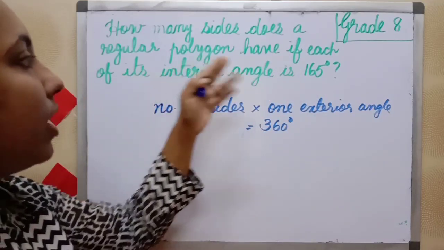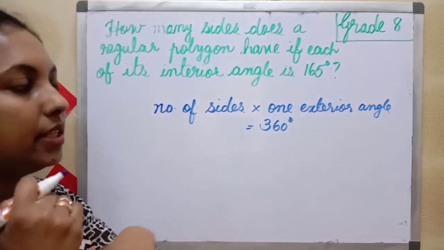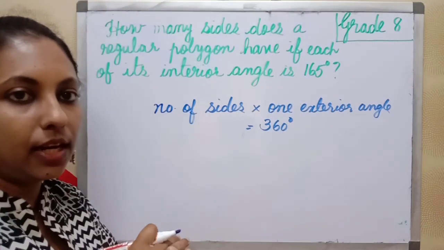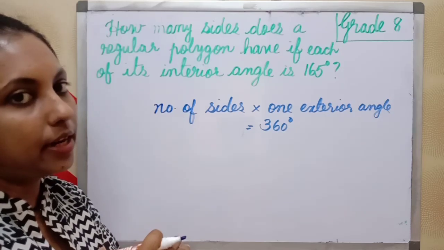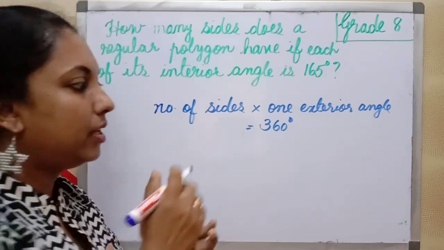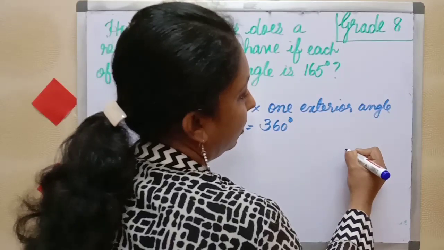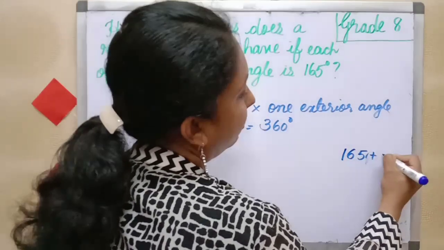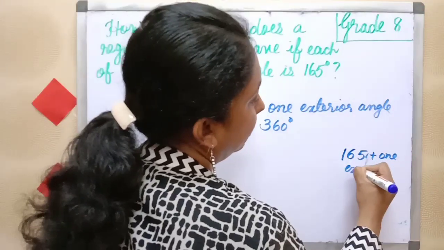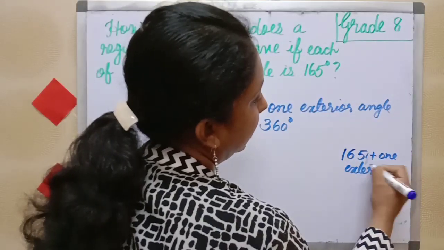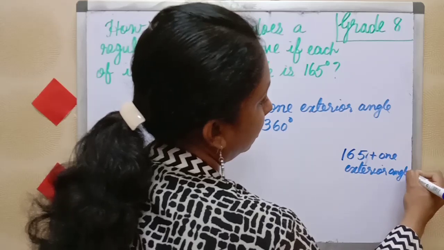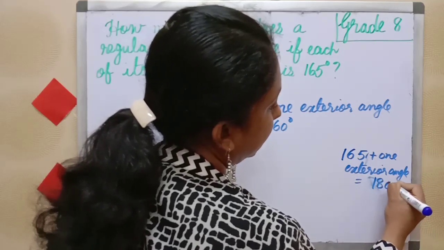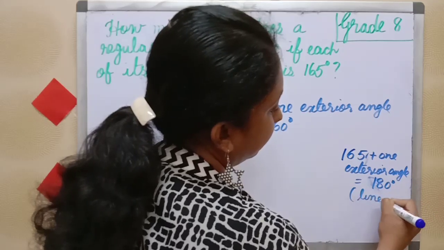We have only one interior angle. So one interior angle plus that adjacent exterior angle is equal to 180, linear pair. That means 165 plus one exterior angle is equal to 180, linear pair.